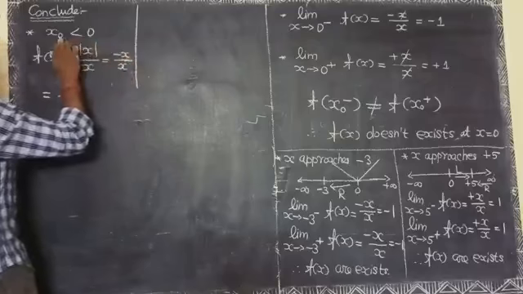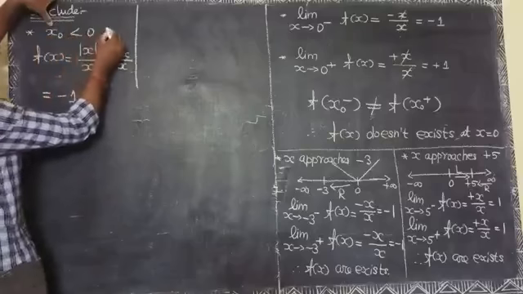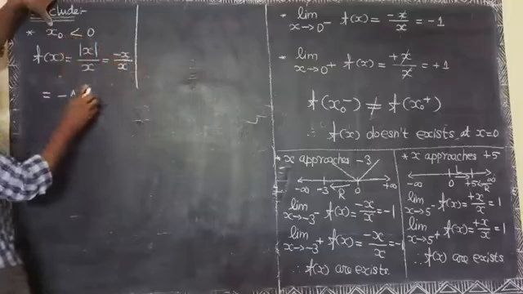As x approaches x naught, where x naught is less than 0, meaning a negative value, minus x divided by x is minus 1.